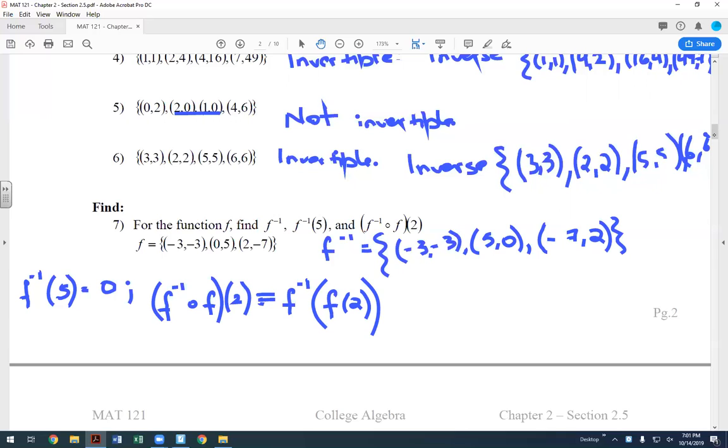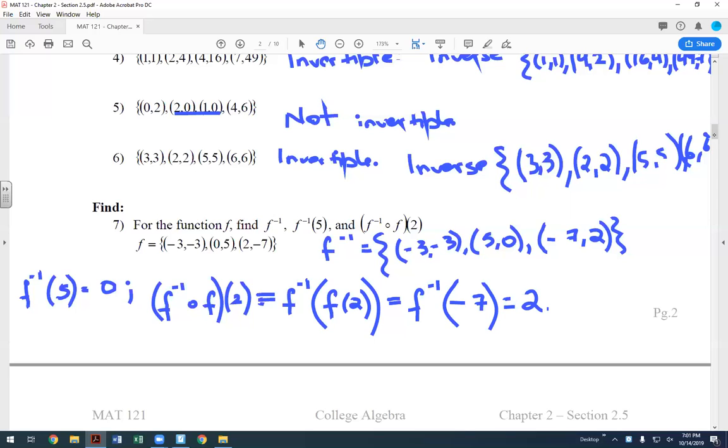What is f of 2? -7, yeah, because that's the ordered pair. So remember, -7 now goes inside of the inverse function. So that's f inverse of -7, and what does that end up giving? 2.